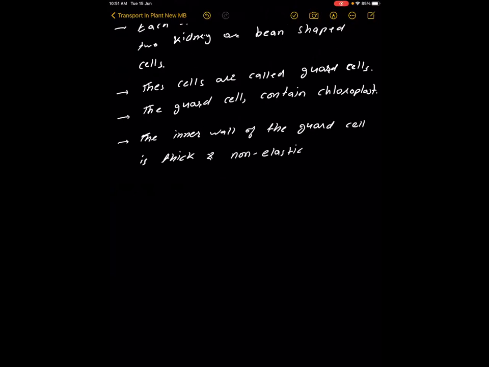The outer wall is thin as compared to the inner.